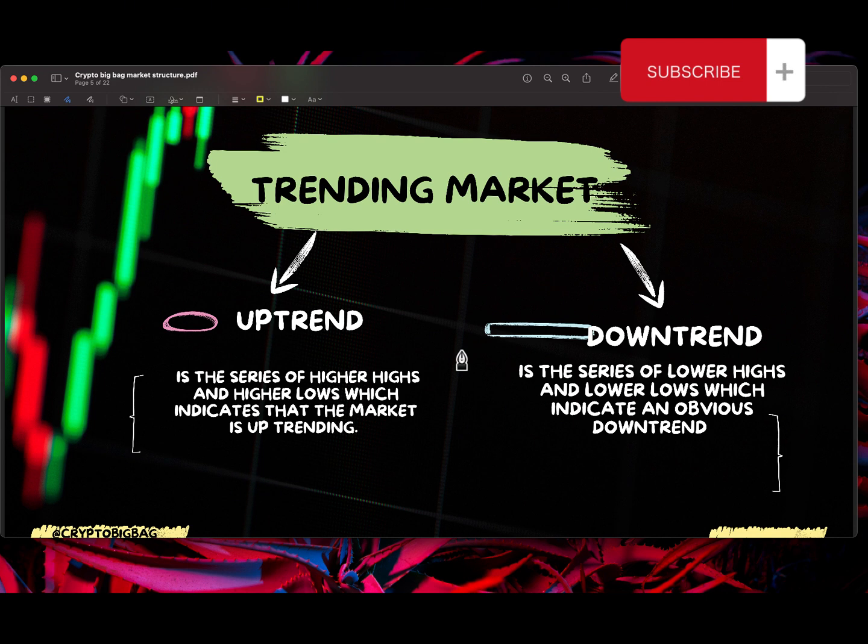A downtrend is a series of lower highs and lower lows, which indicates an obvious downtrend. Something like this: create a lower high, a lower low, a lower high, a lower low. You can tell it's going down with your naked eye. It's not difficult to identify.